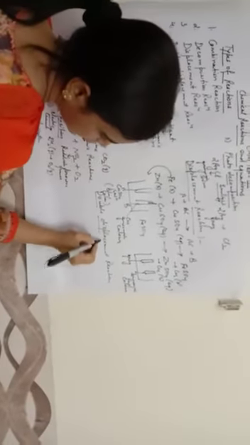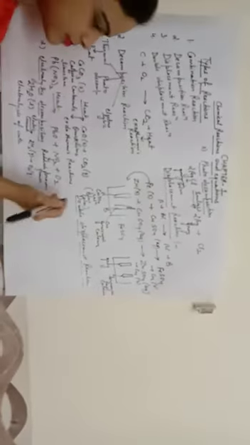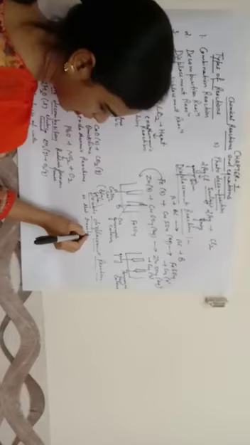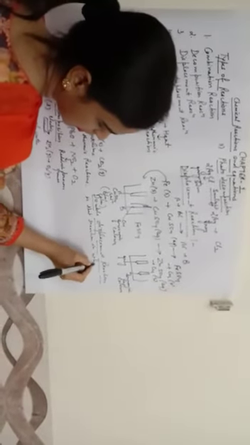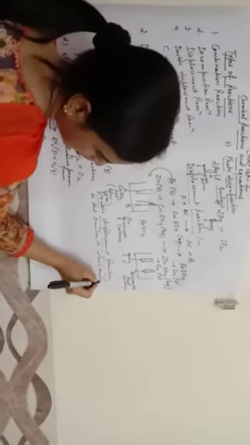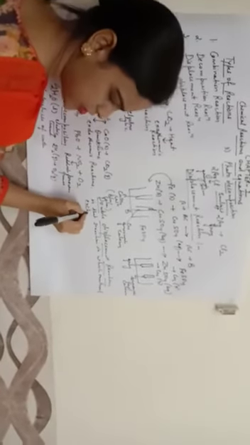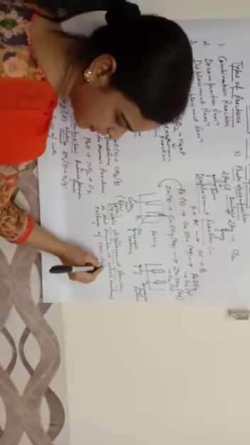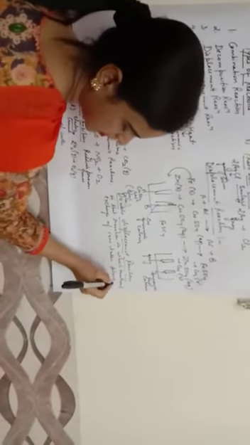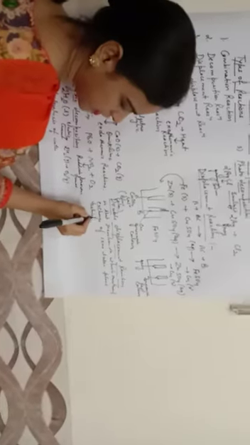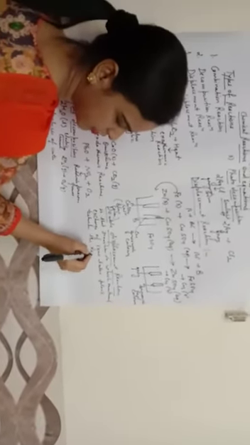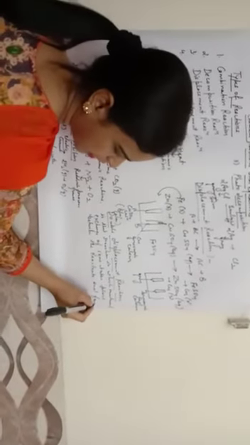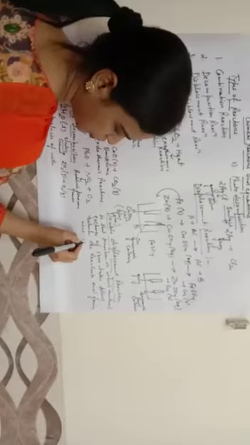The double displacement reaction is that reaction in which mutual exchange of ions takes place between the reactants and forms new compounds.